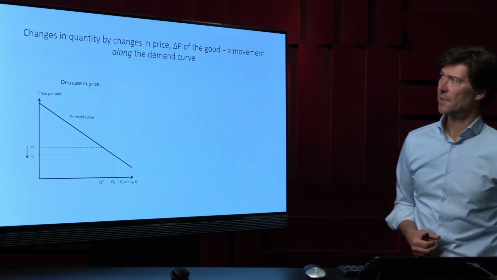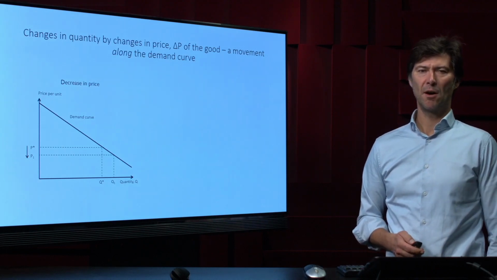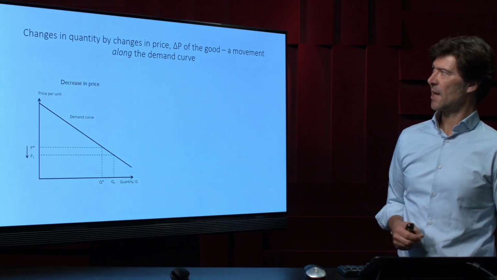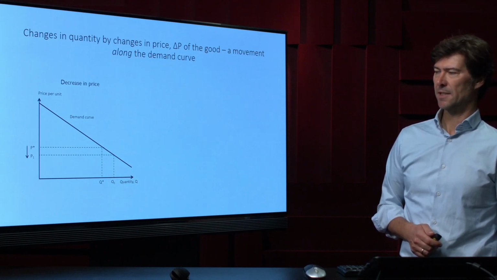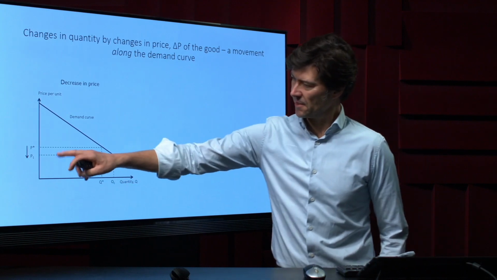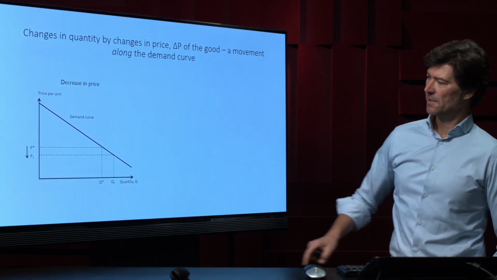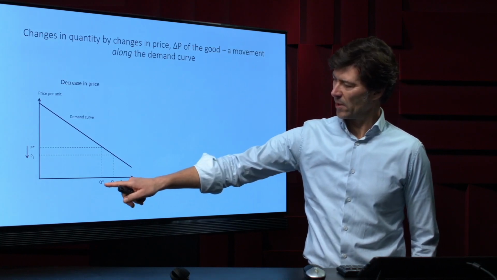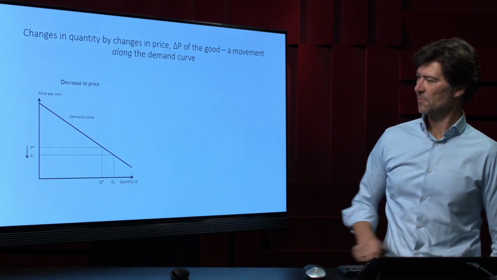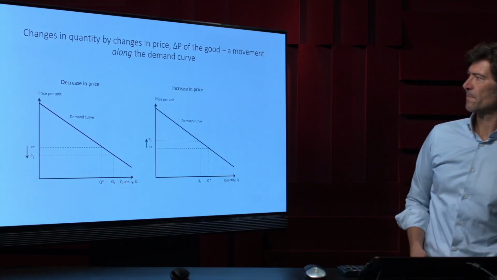We talk about a movement along the demand curve and a movement of the demand curve. Firstly, we look at the movement along the demand curve, because if prices in this example decrease from P star to P1, the consumers are willing to increase the consumption from Q star to Q1.